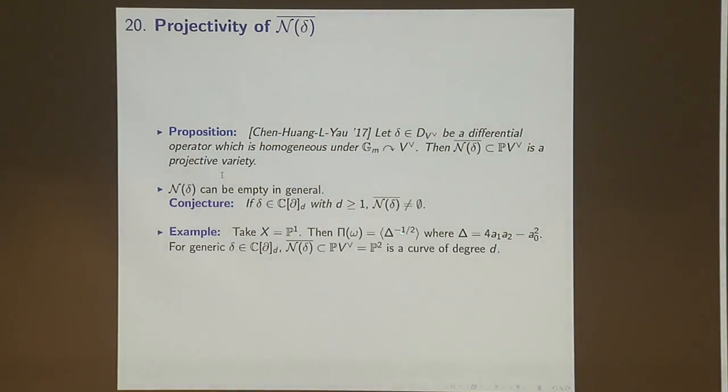And the function that generates it has monodromy plus or minus 1, given by 1 over the square root of the discriminant locus of a quadratic polynomial in 3 variables, given by this polynomial. And for generic delta, you can literally work out, case by case, this projective variety. It's nothing but a plane curve of degree d.